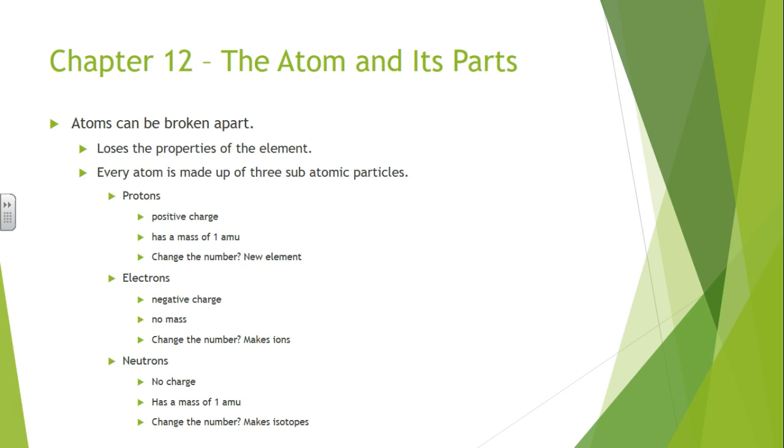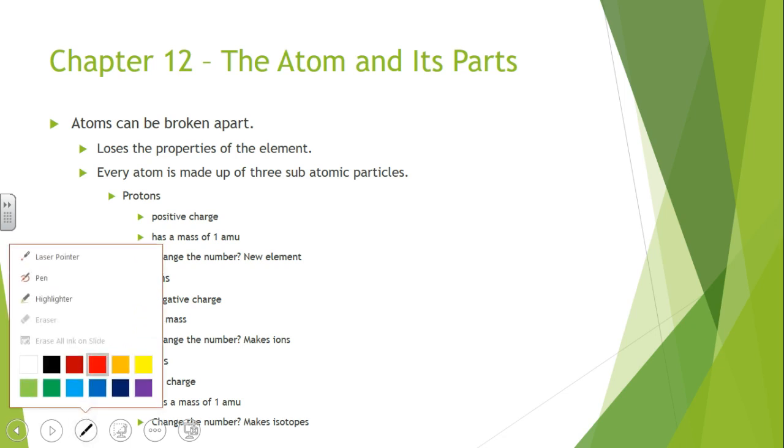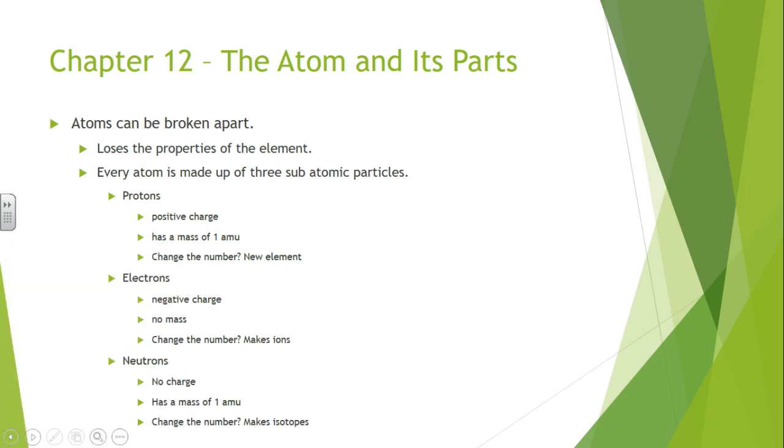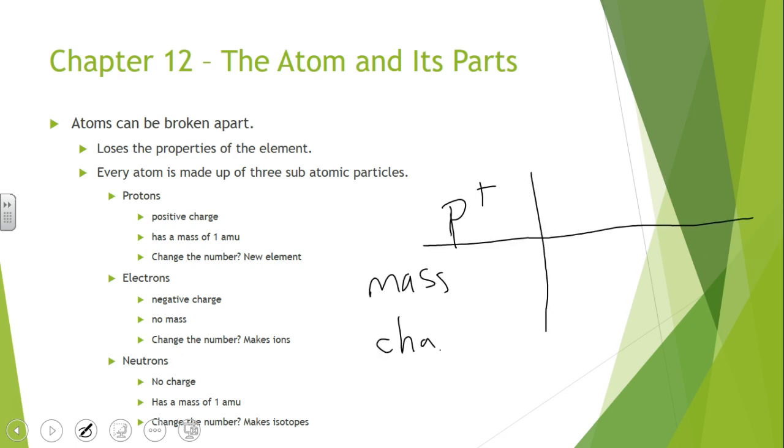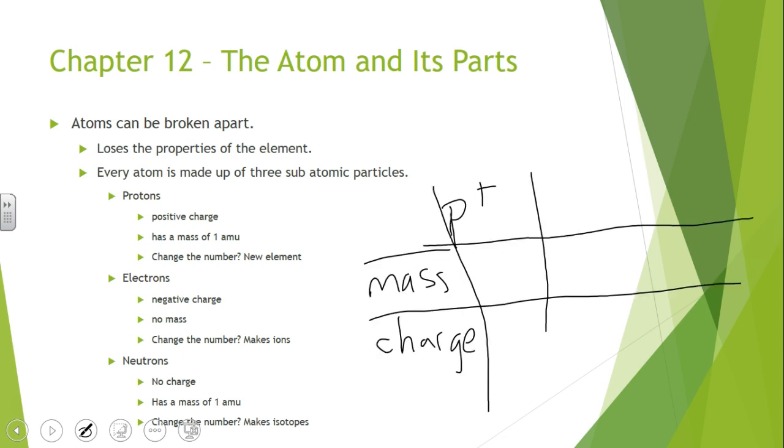Over here, I'm going to make a little chart. I'm going to put a proton here. The proton symbol is P+. That's a lowercase p and a plus, because a proton has a positive charge. It's kind of a weird table. But the mass of a proton is 1, and the unit on that is AMU.